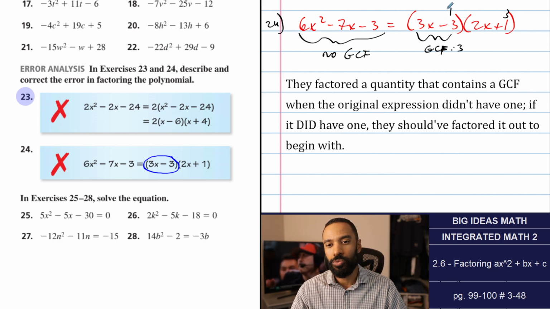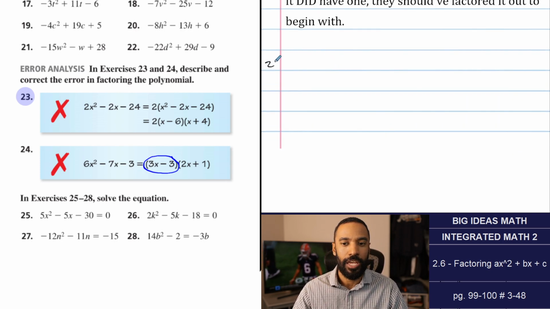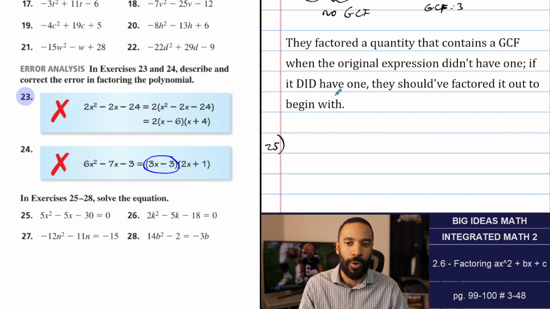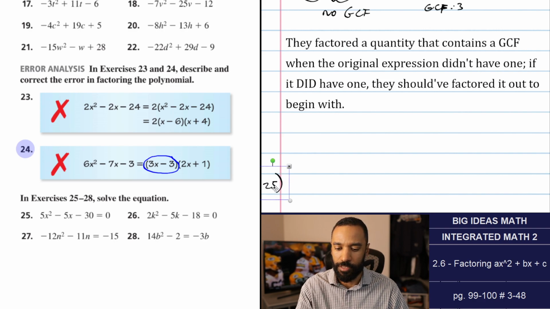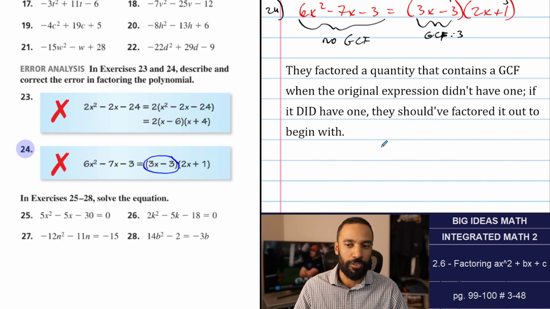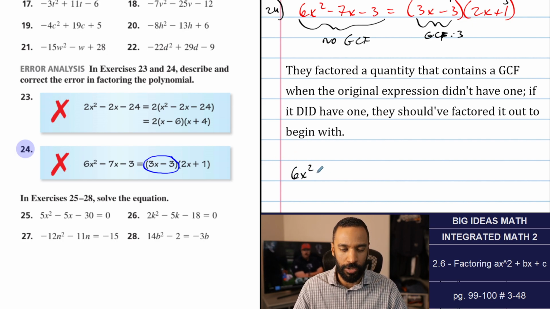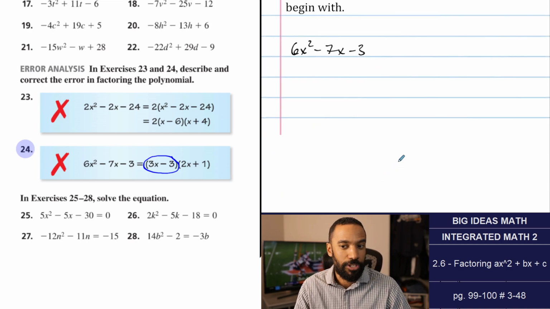You don't want to wait till the end to try and find GCFs, because if you didn't find them in the beginning, you're unlikely to notice them at the end as well. So you're unlikely to notice it later because you didn't look from the beginning. I promise you that. You do need to factor them out, period. This doesn't have a GCF.